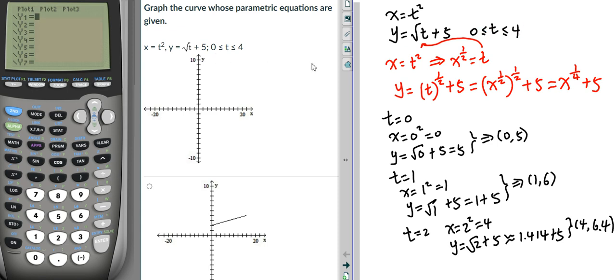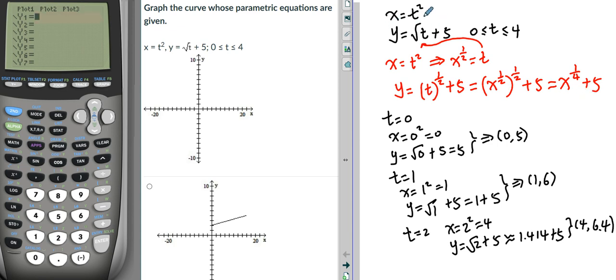There are a few options to work on the graph of the parametric equations. The first option is to eliminate the parameter t, change the parametric equations into a rectangular equation, and draw the graph.